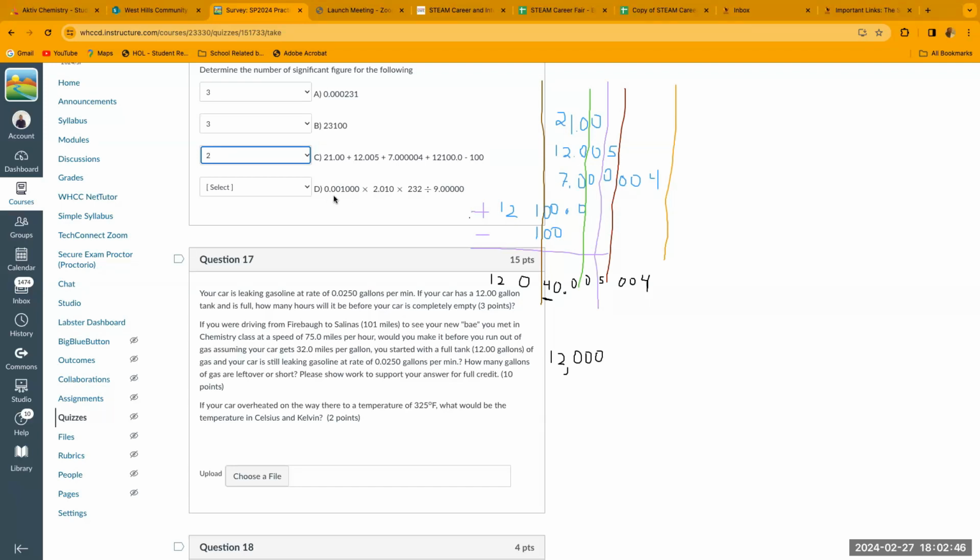So which one would be the smallest number of significant figures? So this number here has how many sig figs? It has 4. That's right. What about the second number? That's right, it's 4. What about the third number? It's 3. Okay, and then the last number?